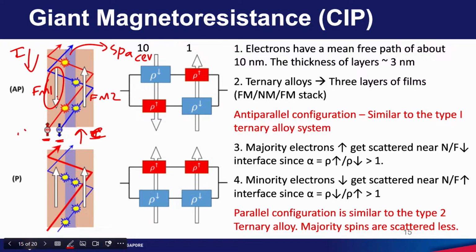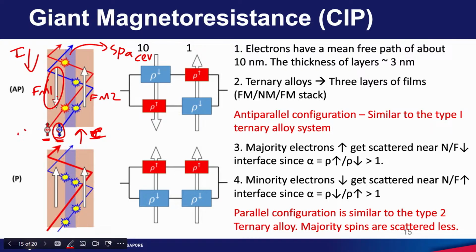So, this electron will get scattered here at this interface of this particular magnetization. Similarly, this electron is a majority here because these two magnetic moments are parallel, but when it goes to the next layer it is minority, okay, it gets scattered.